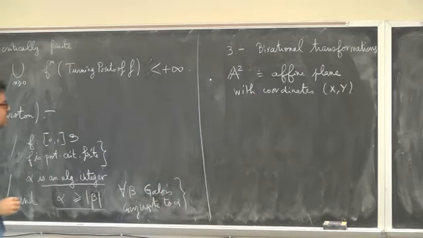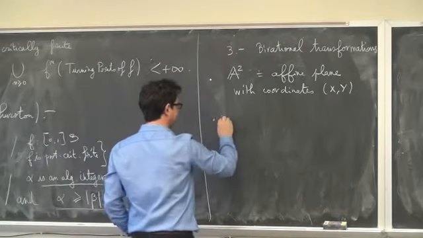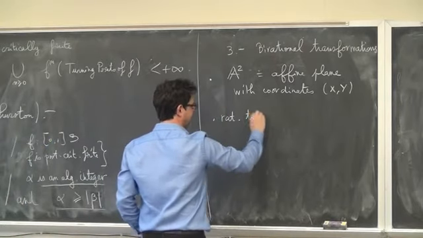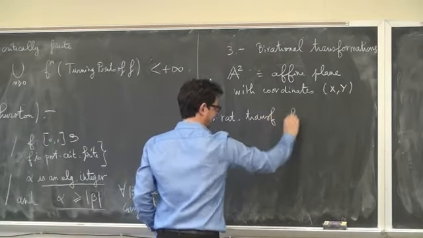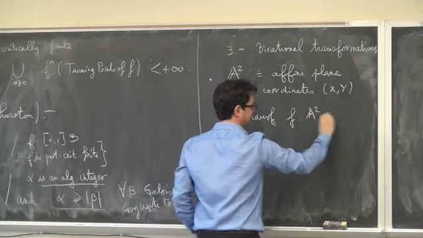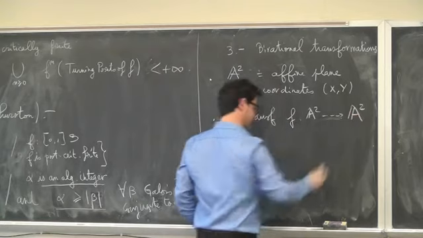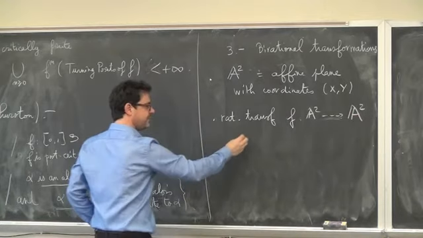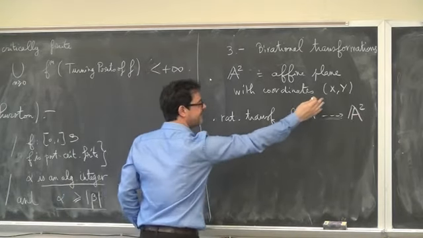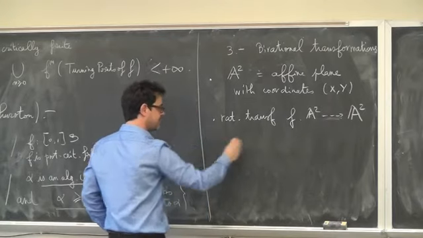A rational transformation is just a transformation defined in affine coordinates by rational fractions.